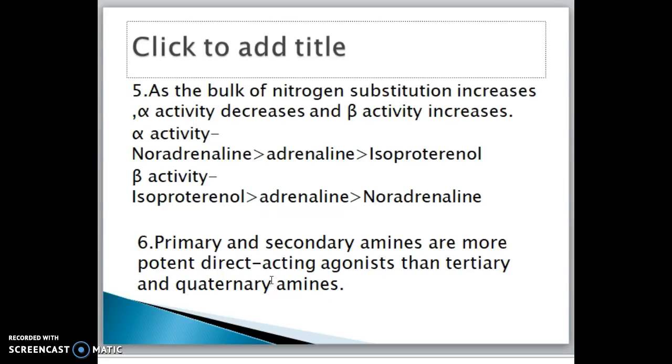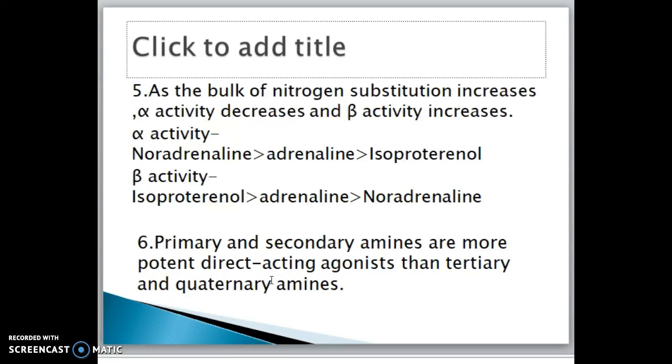Alpha activity decreases and beta activity increases. We can see this in the order of compounds: at alpha receptors, noradrenaline exhibits the maximum activity, more than adrenaline, and then isoproterenol.